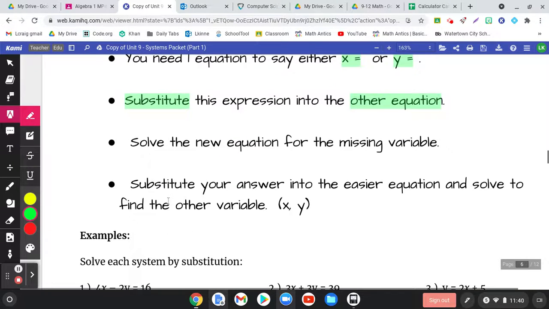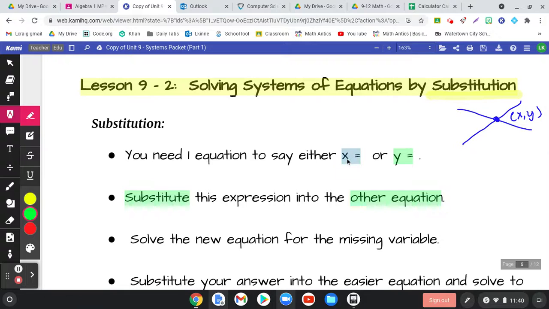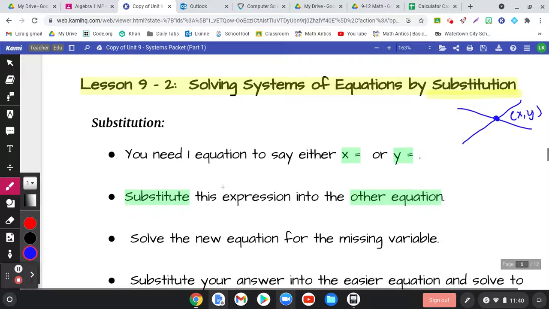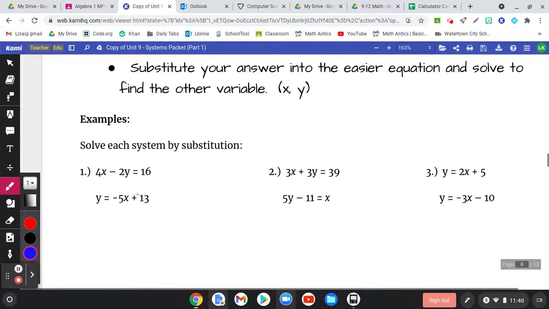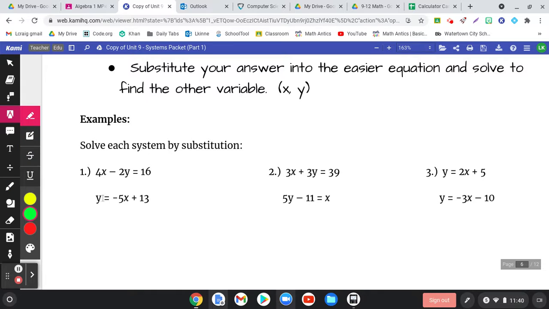So the first thing we want to do is find an equation that says either x equals or y equals. Right here, this one says y equals. So y is the same as negative 5x plus 13.